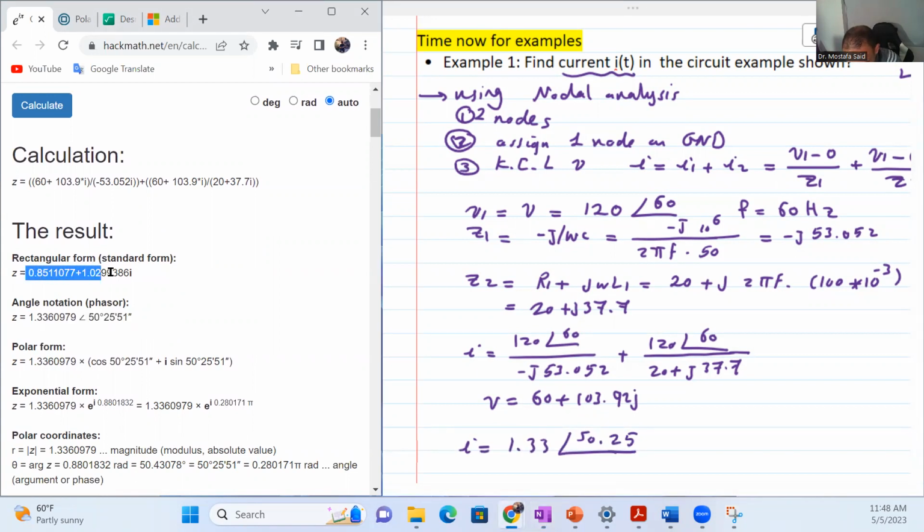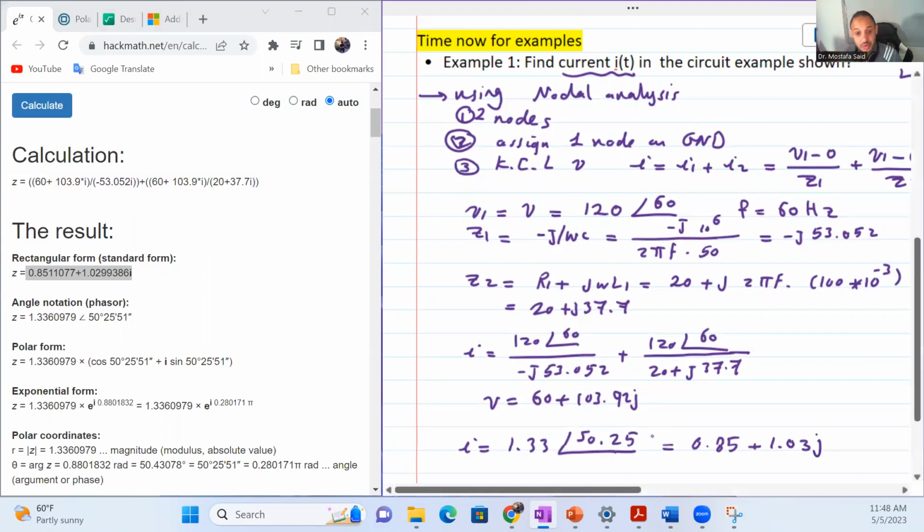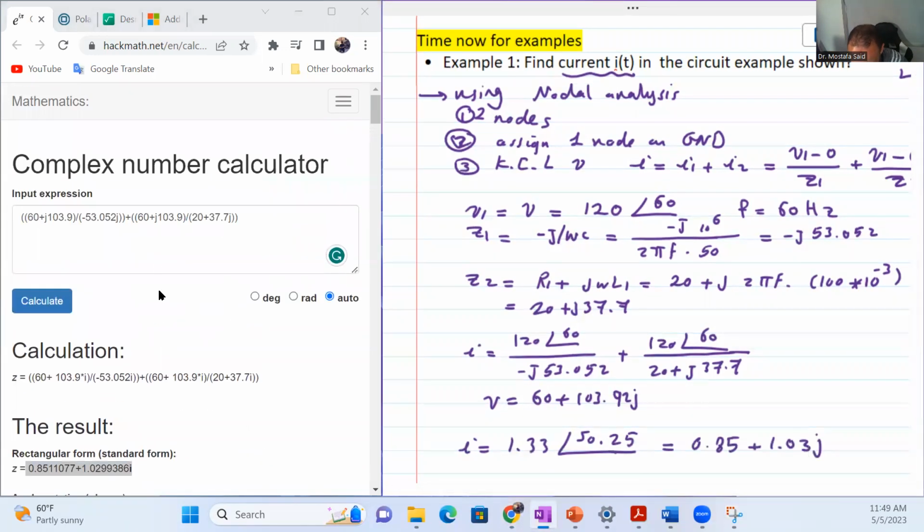So this is the answer in the rectangular form, 0.85 plus 103 J. Okay, or I. Here we use J because if we use I, this will be confusing because I is reserved for the symbol of the current, right? So that's why we use J here, not I. But this website can accept both. You can write I or J. So in that equation here, we wrote J and it just accepted.